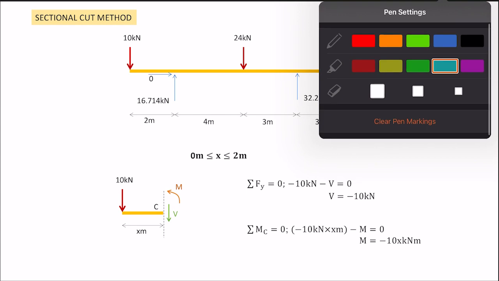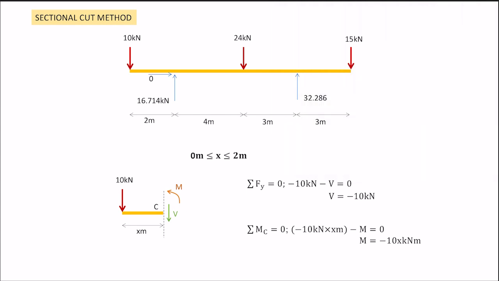value so that it is easy for us to draw the shear force and bending moment diagram. This is the first section, which is X must be bigger or equal to 0 meter but less than or equal to 2 meter.